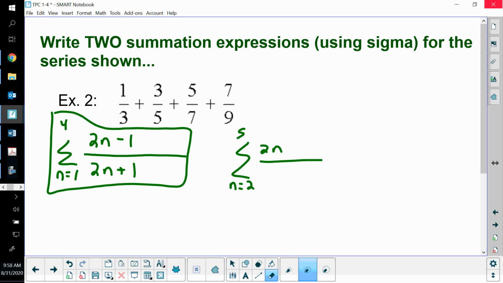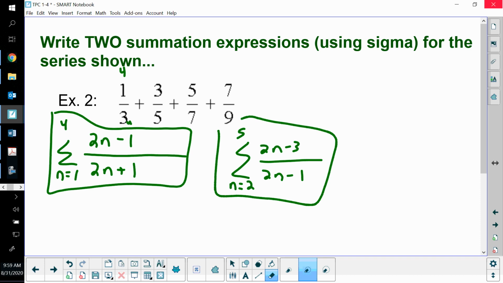But now when we sub in 2 for n, 2 times 2 is 4, so the adjustment we would need is a minus 3 on the end. In the denominator, it's still going up by 2, so we have 2n. 2 times 2 is 4, but we need 3, so we would need to go down 1 then. And this would be an example of a second summation you could do.